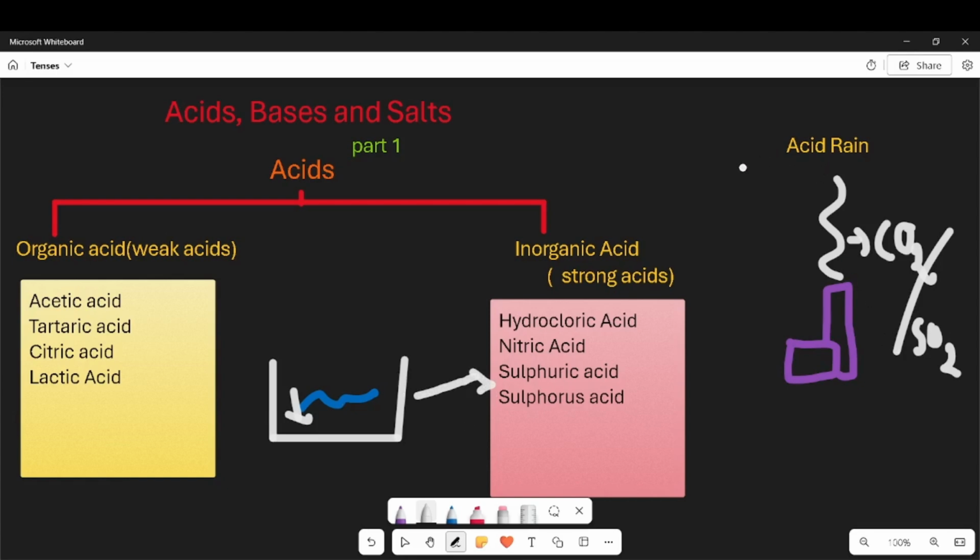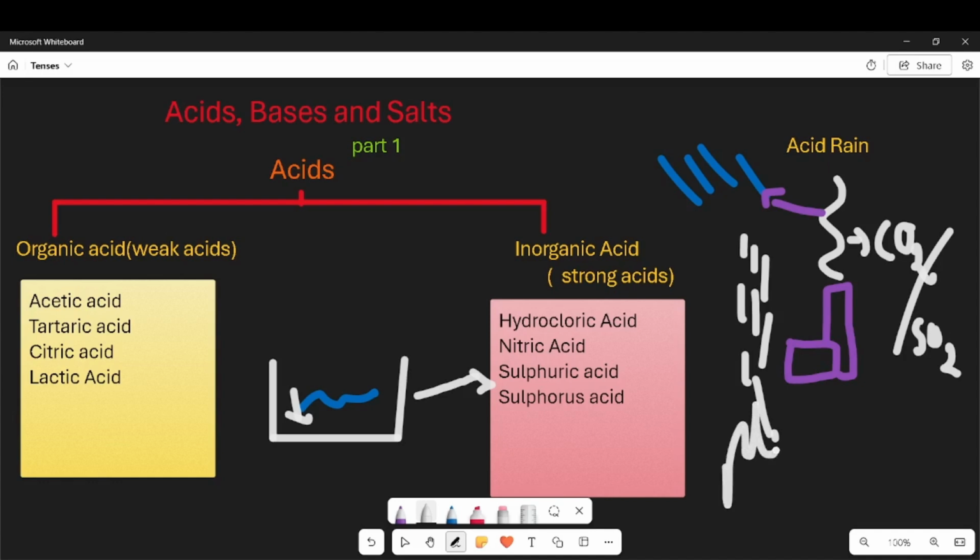So when it starts raining, minute particles of sulfuric acid get dissolved in the water droplets, forming acid rain. This acid rain is very harmful to the plants and organisms living on Earth. So we should be careful when we are emitting such gases.